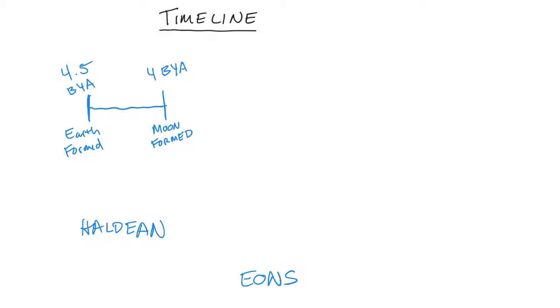And in between this time period, you had a bunch of comets hitting the Earth, bringing with it ice, which eventually melted into water. And that's what brought water to the Earth. Okay, so the Chaldean is pretty simple, Chaldean eon.